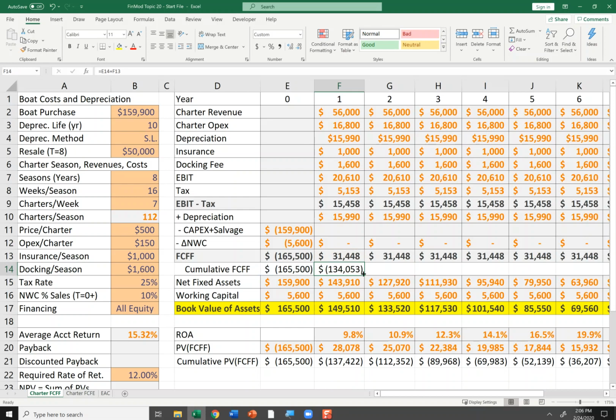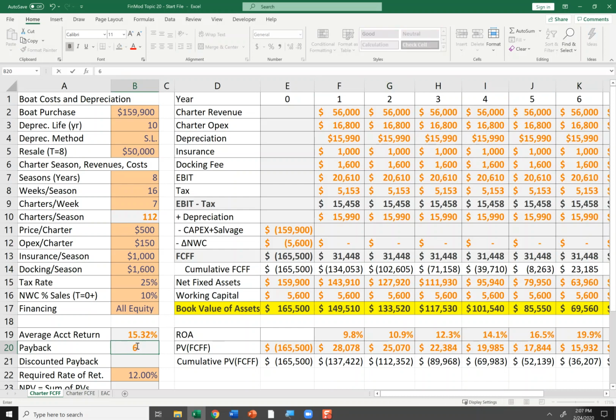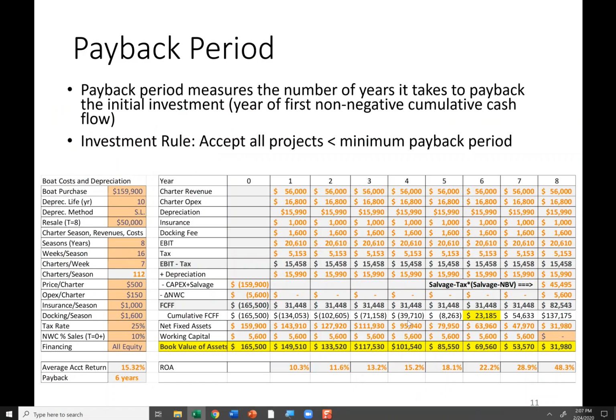So I'm still in the red, still a negative cumulative free cash flow. And we'll see what year it turns positive. So it looks like it's going to turn positive in year 6. So the first non-negative period is the payback period. So we say this takes 6 years to pay us back. And again, we would accept all projects in which that payback is less than some specified minimum.